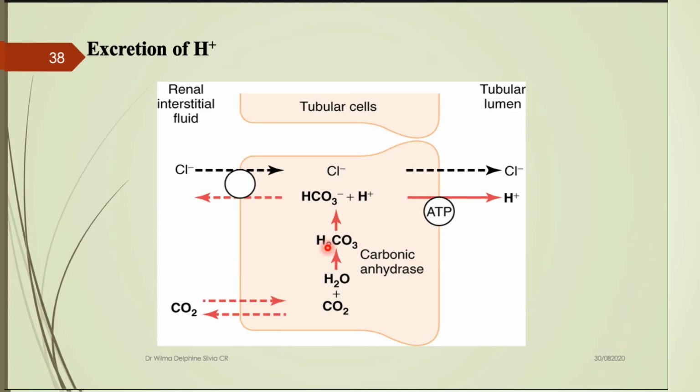The carbonic acid ionizes to hydrogen and bicarbonate. The hydrogen ions are secreted into the tubular lumen. This mechanism is very effective in regulating the pH, especially when an acid load has to be eliminated. It serves to excrete hydrogen ions and generate bicarbonate, thereby increasing the alkali reserve.